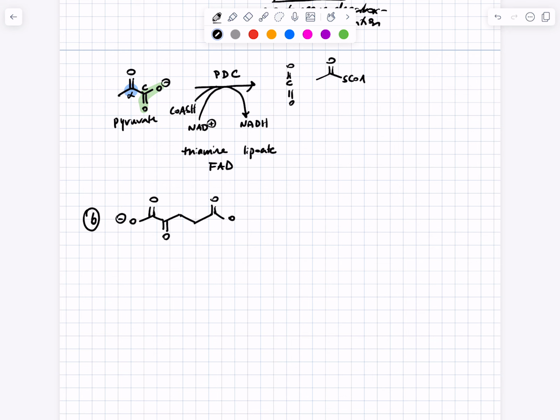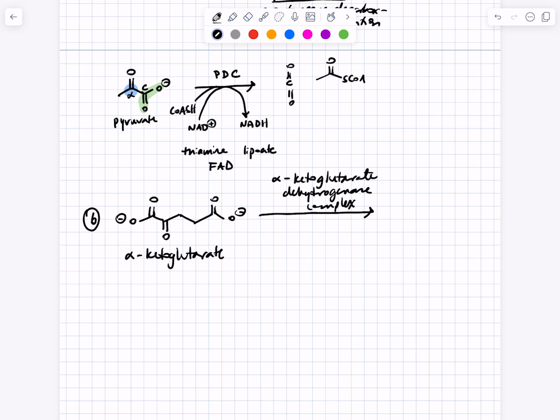That is, you're going to start with alpha ketoglutarate. And you're going to use this time a related complex called the alpha ketoglutarate dehydrogenase complex.